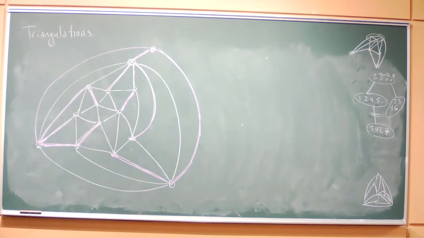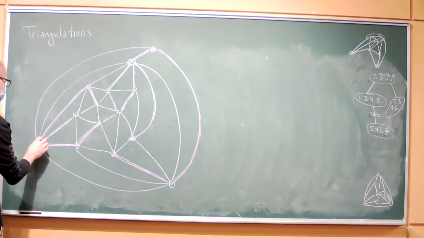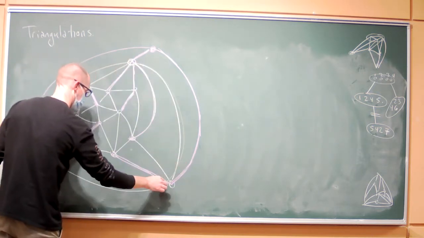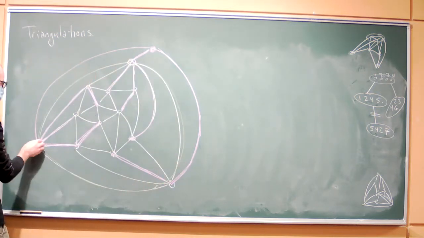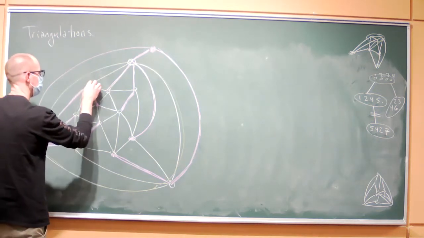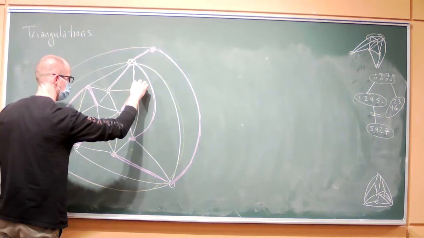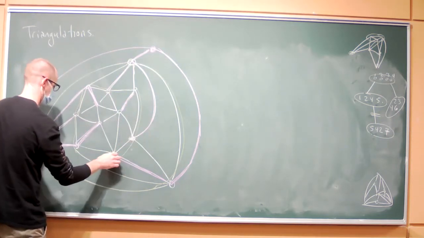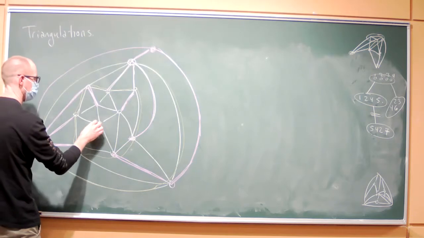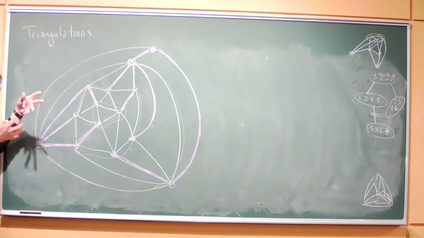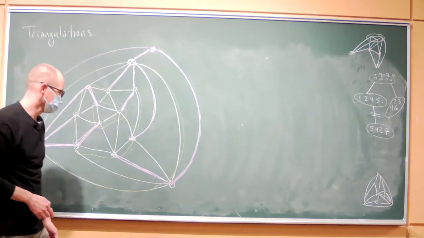So if I look at the levels, here's one of them. That's level 1. Here's level 2. And then level 3 is in here. Okay. So it kind of works its way in from the outside.